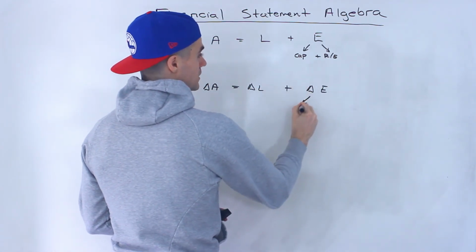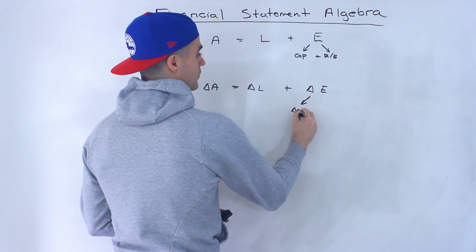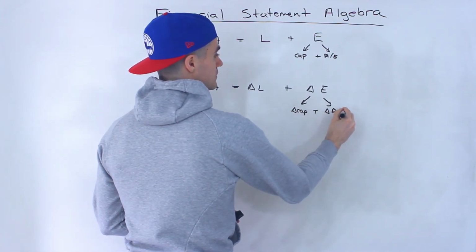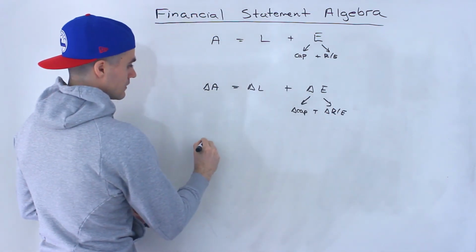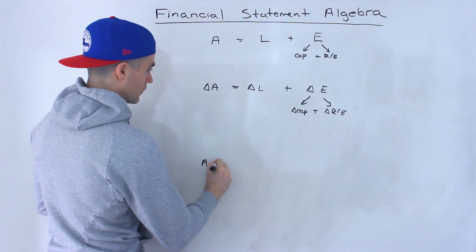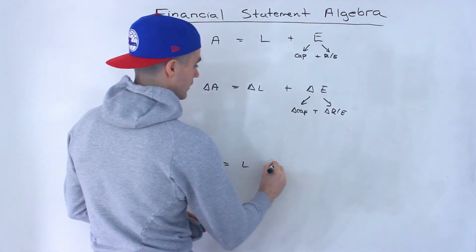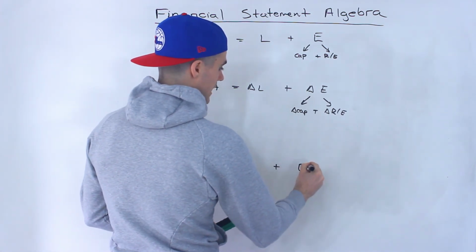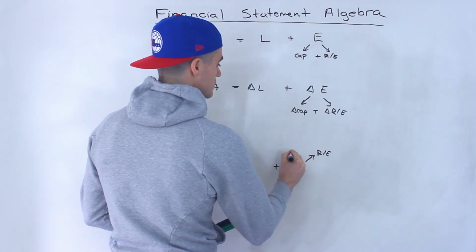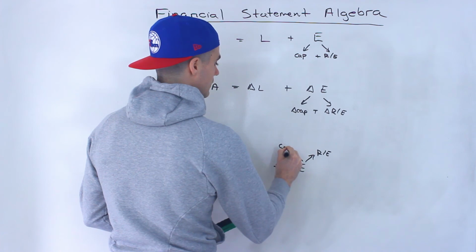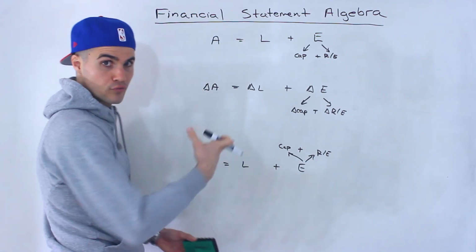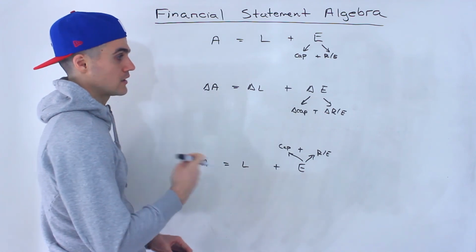And then the change in equity is going to be broken down into a change in capital plus a change in retained earnings. And then our ending balance sheet, let's put it a little lower. We're going to have assets equals liabilities plus equity. Then this equity portion, it's going to be the ending retained earnings and then the ending capital, like that. So that's the short form that I'm personally going to use when doing these questions.